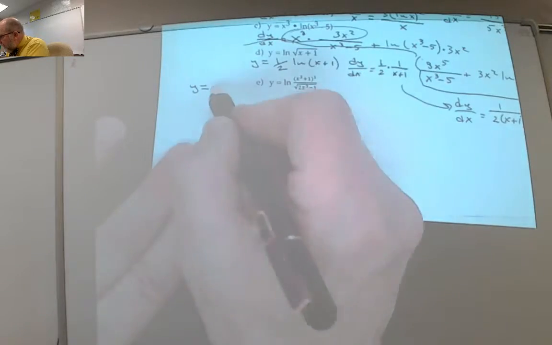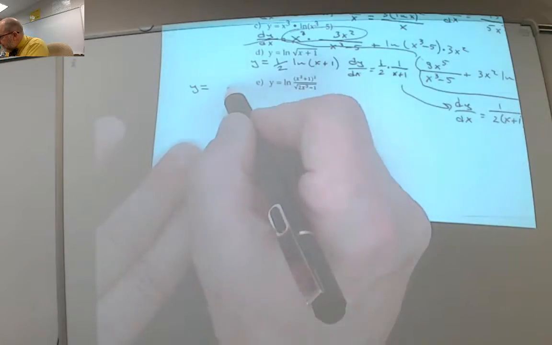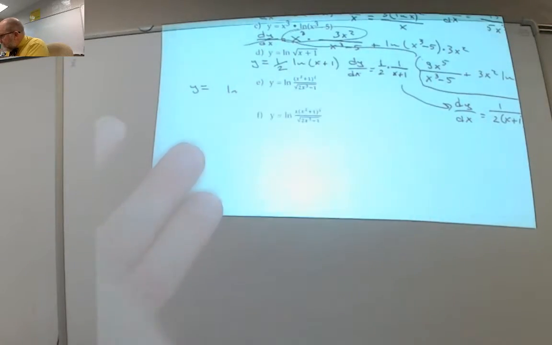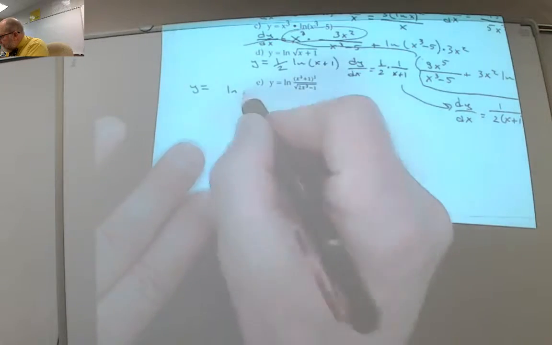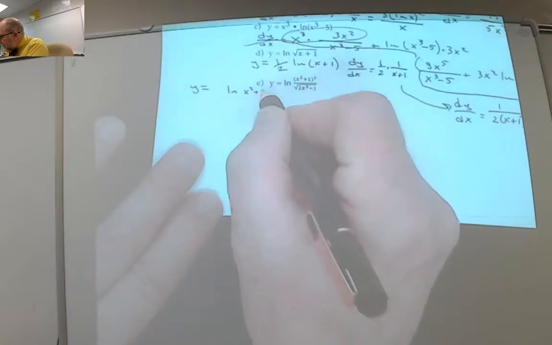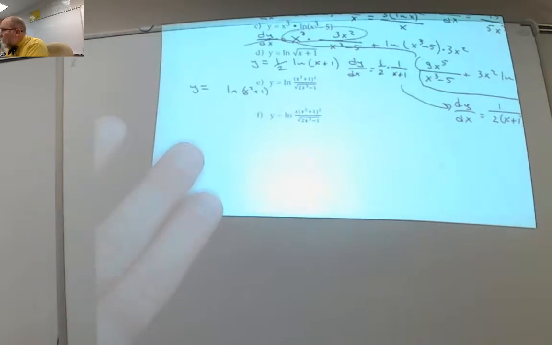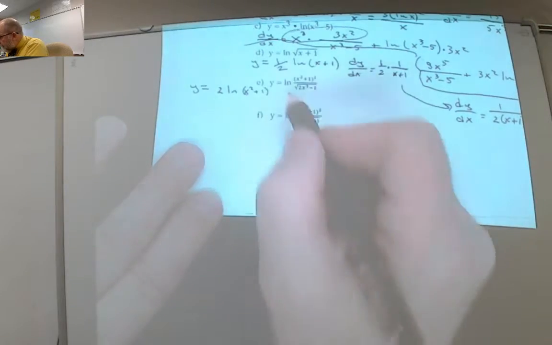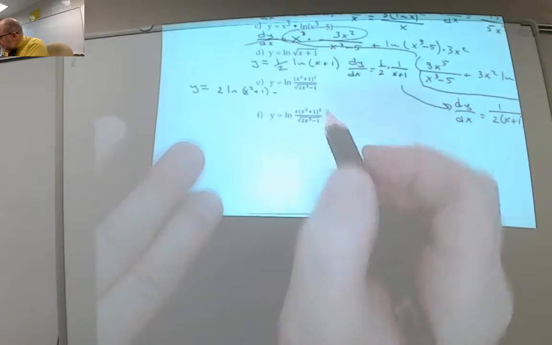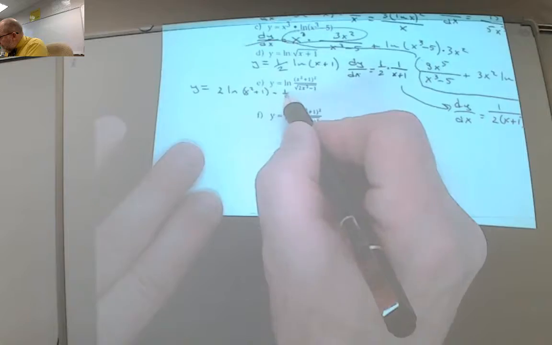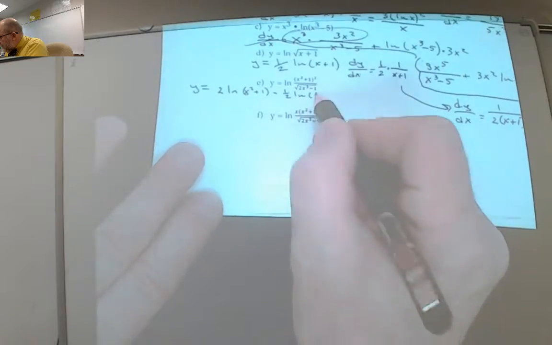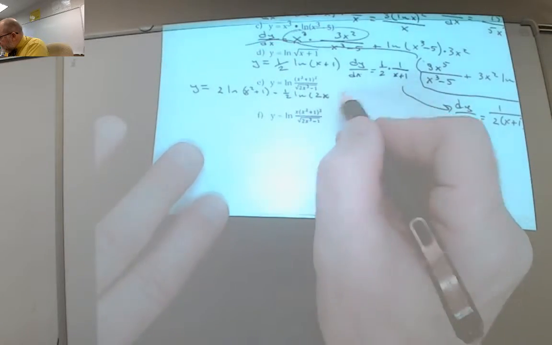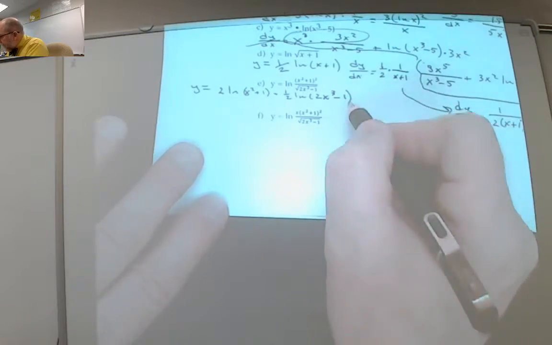I'll give you a hint. Natural log. Oh, okay. So ln of x squared plus 1, and we'll put that 2 in the front then. Minus 1/2 ln of 2x cubed minus 1.